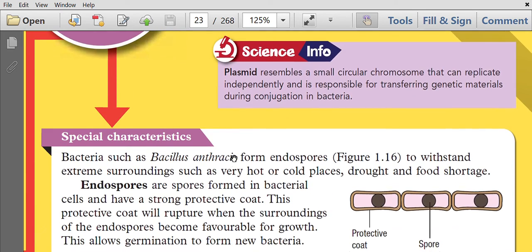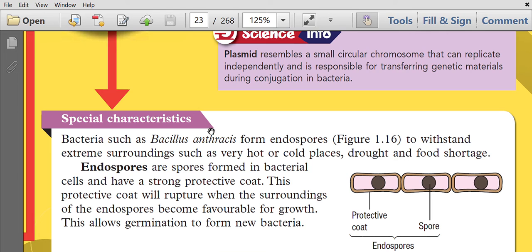Okay, let's look at the special characteristic of bacteria. Bacteria such as Bacillus anthracis form endospores. Spores, macam biji lah. Endospores. Look at this figure. They form endospores to withstand extreme surroundings such as very hot or cold places, drought, and food shortage.